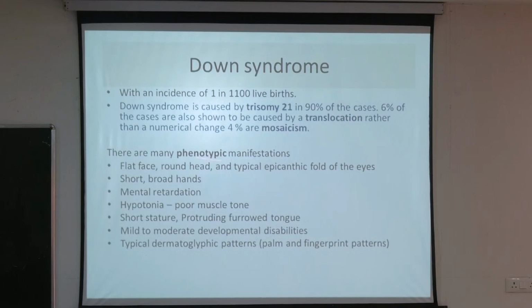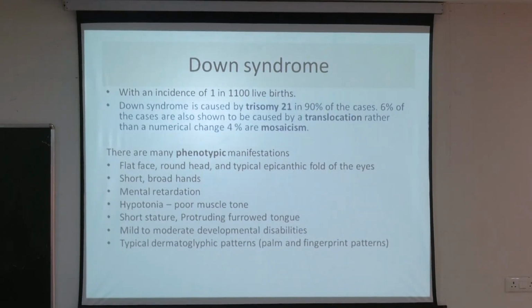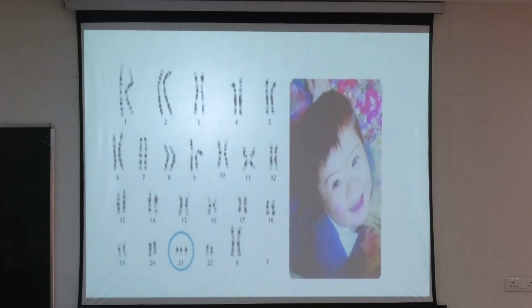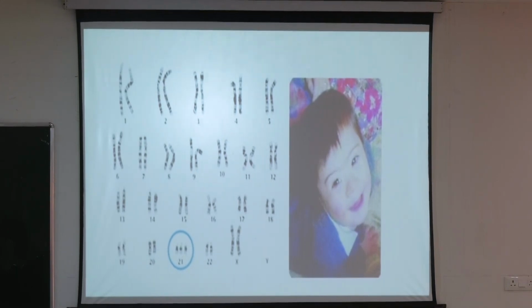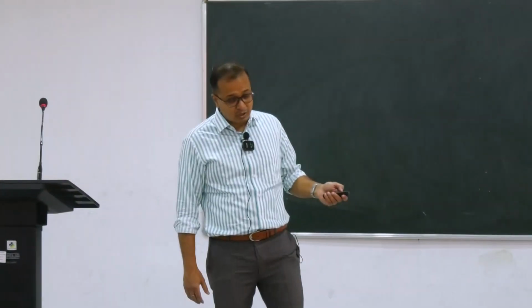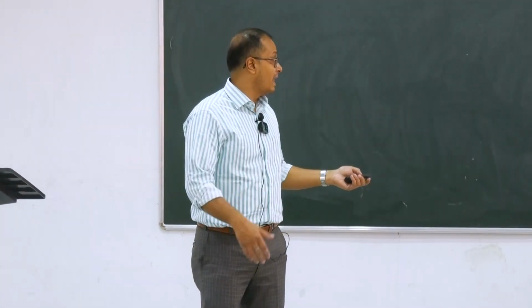So once we understand this particular genetic error, this particular individual has a particular physical or phenotypic pattern. We already have understood that this individual has a flat face, intercanthal folds are less, short stature, IQ or intelligence quotient is less, and the developmental milestones are lagging behind.